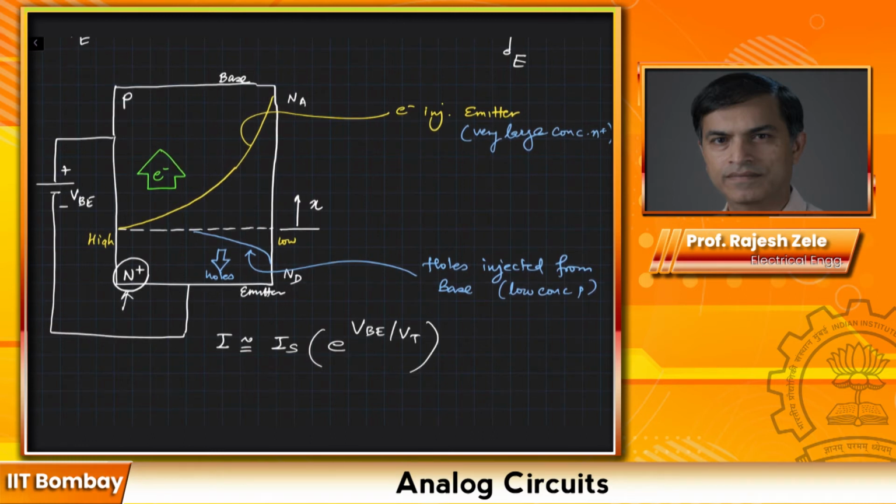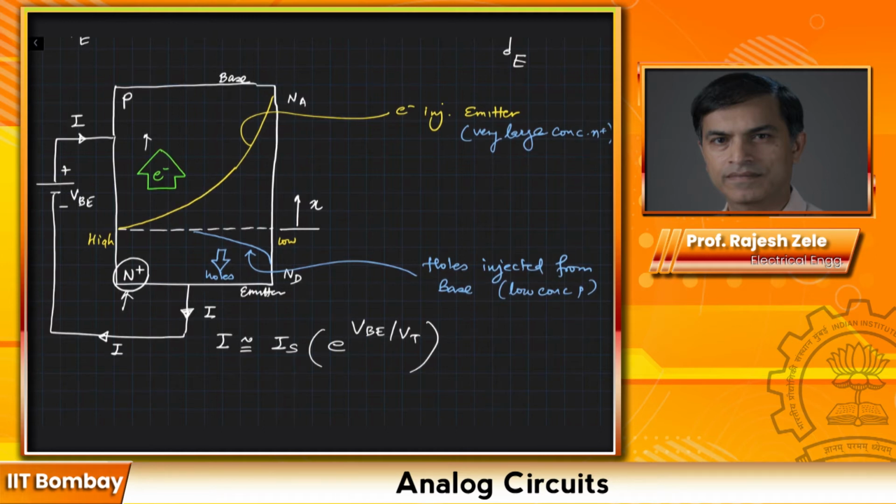If we increase the base to emitter forward biasing, the electrons are dominantly flowing in this direction, so the current is going to flow in the downward direction here. So follow this current flowing in this fashion.